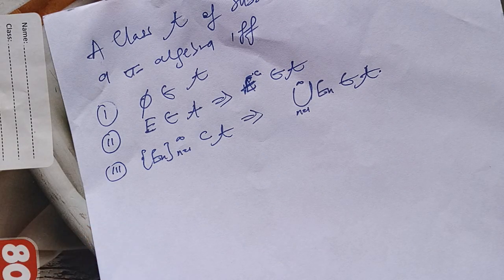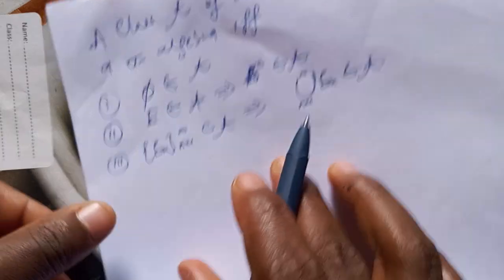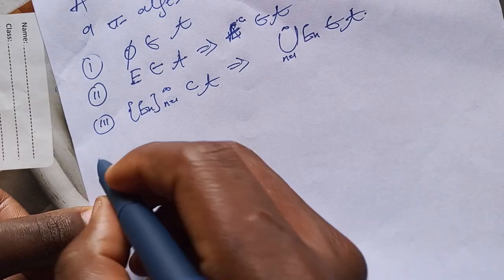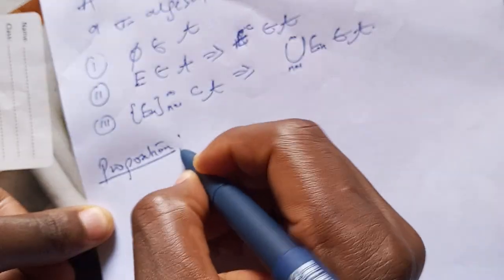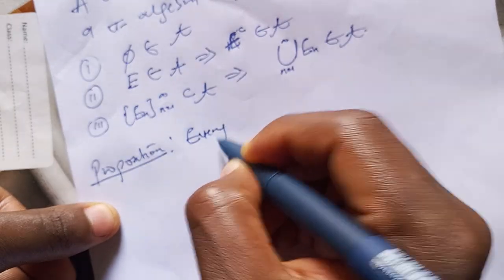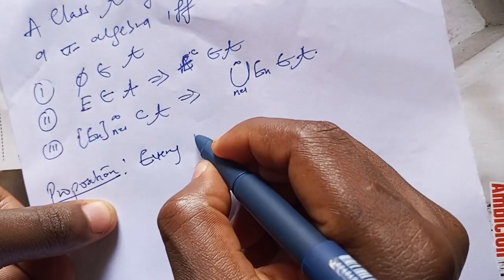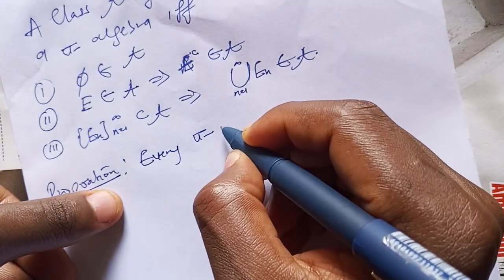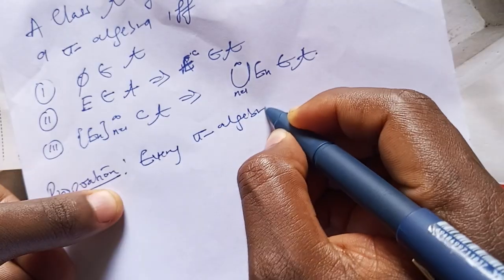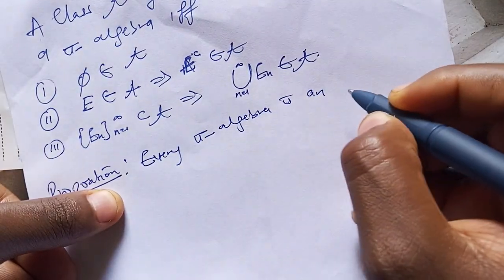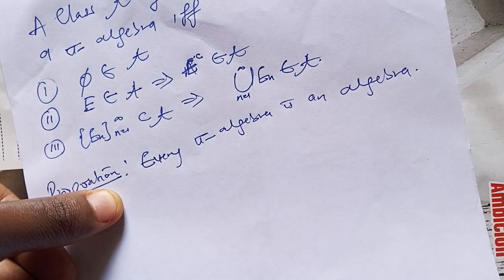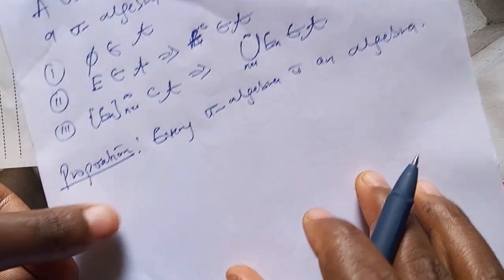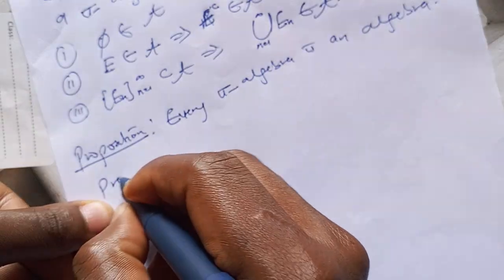So let's write down the proposition: every sigma algebra is an algebra.